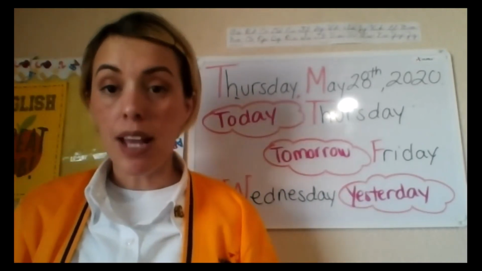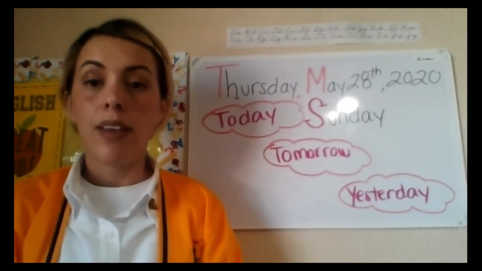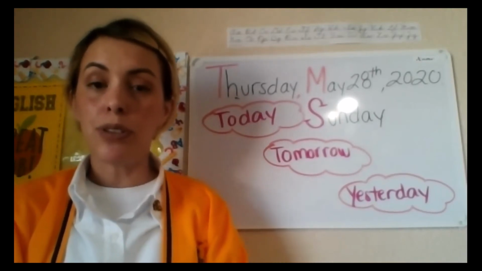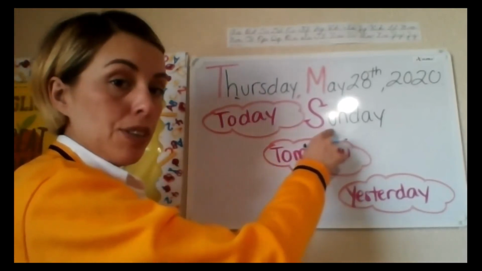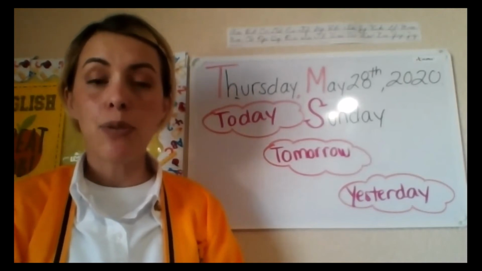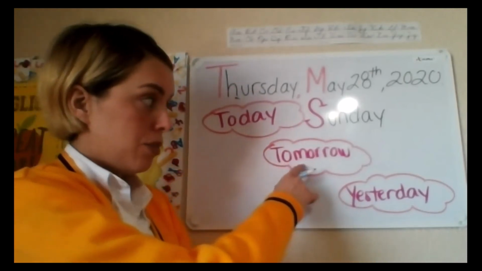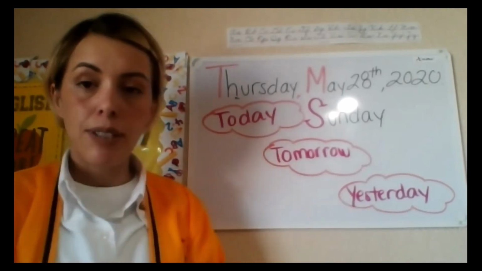Very good. Now, let's try it on your own. This time is your turn. Today is Sunday. Now, on your piece of paper you have to write what day is going to be tomorrow and what day was yesterday.